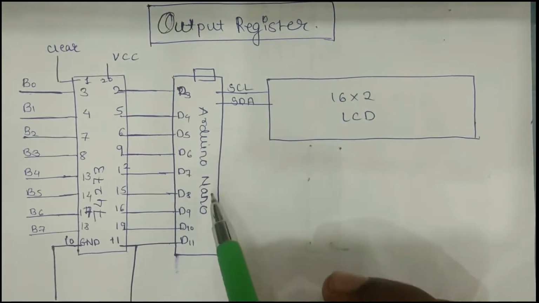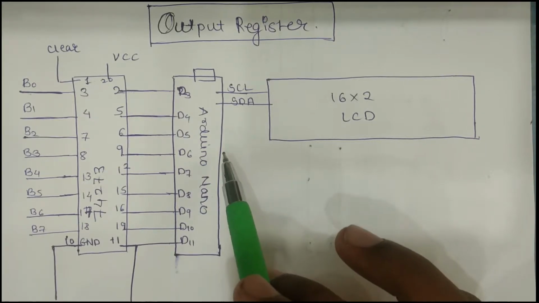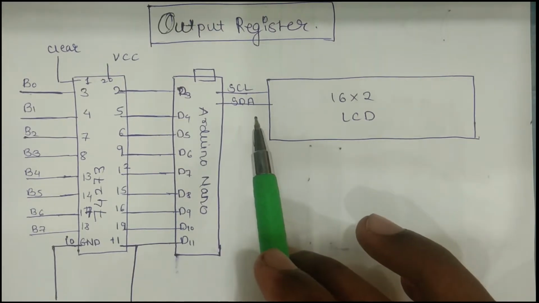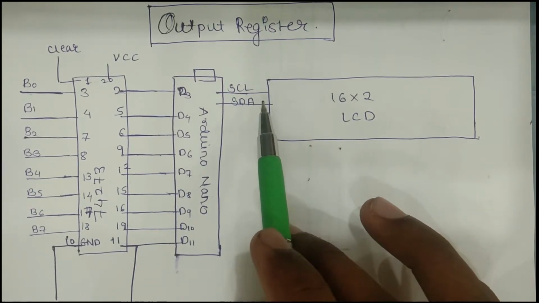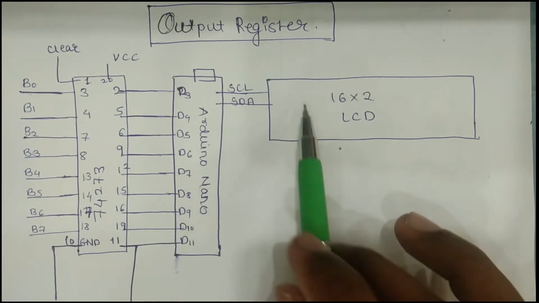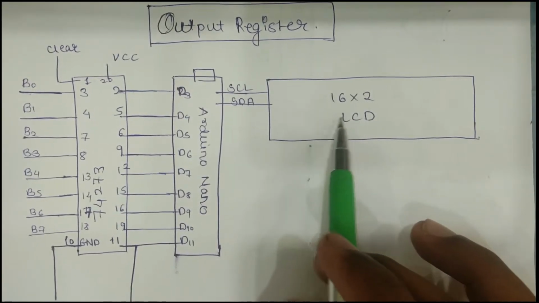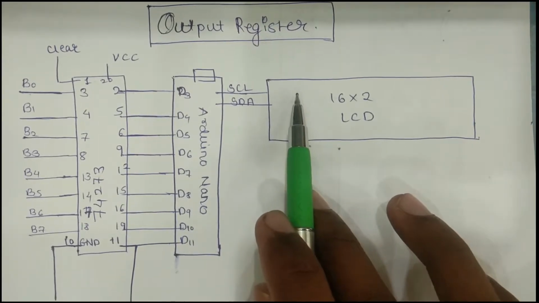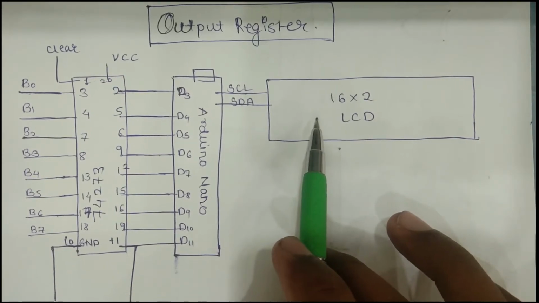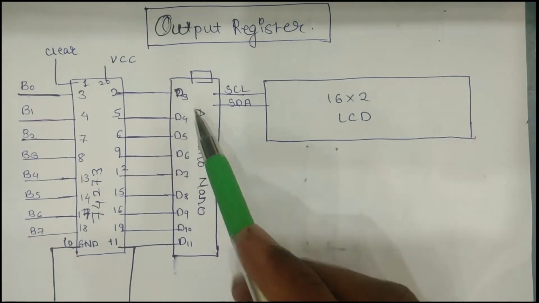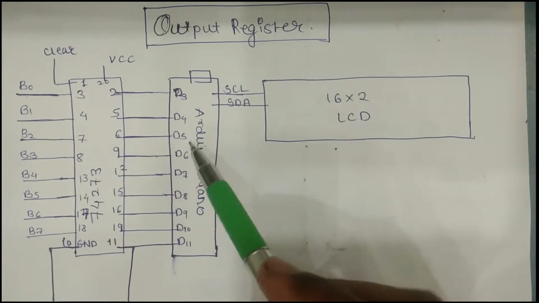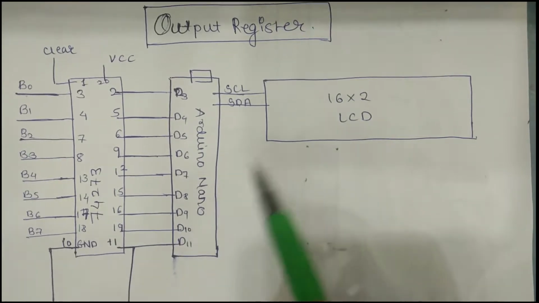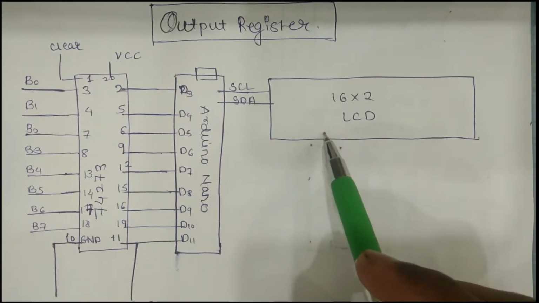I'll be using an Arduino Nano here, which is an ATmega328P microcontroller, as its programming is very easy and there is an inbuilt library for I2C serial data and clock communication with this 16 by 2 LCD module, as we'll be attaching an I2C converter for this 16 by 2 LCD module. So we'll be getting the pins available for our data inputs, which will convert the data from the bus from binary to decimal, and will display that data here.